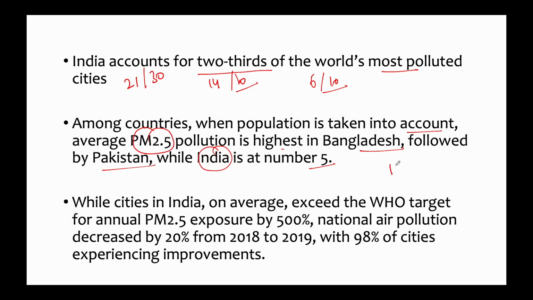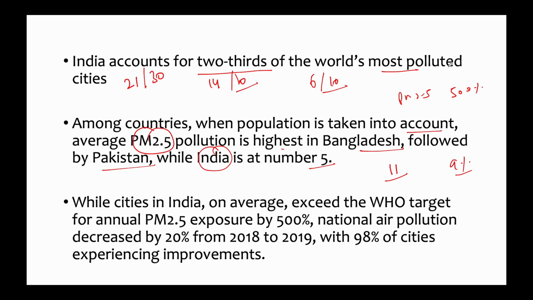China is at number 11 with population factored in, and Chinese cities achieved a 9% average decrease in particulate matter 2.5 levels in 2019, while cities in India on average exceeded the WHO target for annual PM 2.5 exposure by 500%.